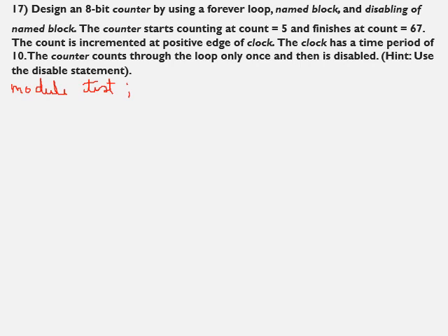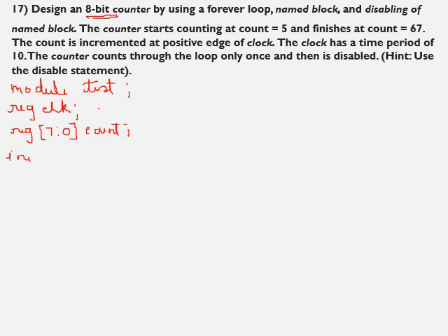I will declare a clock as register and count is an 8-bit counter, so I will declare an 8-bit vector as count. This will be holding the value of count.